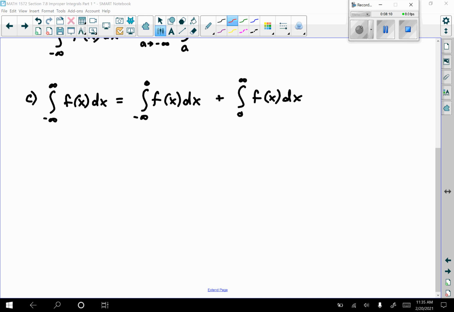Now there's going to be a couple other ways we refer to whether a limit exists or does not exist. So I'm just going to write this out.